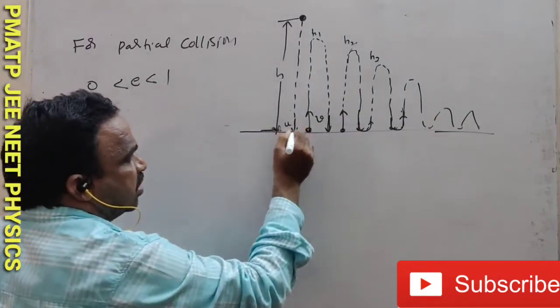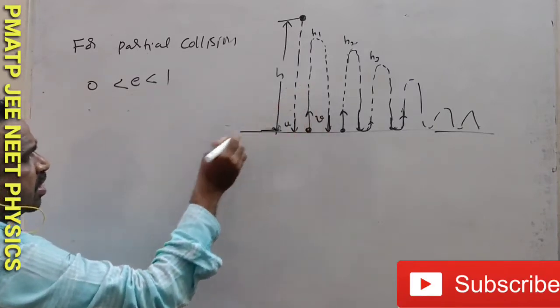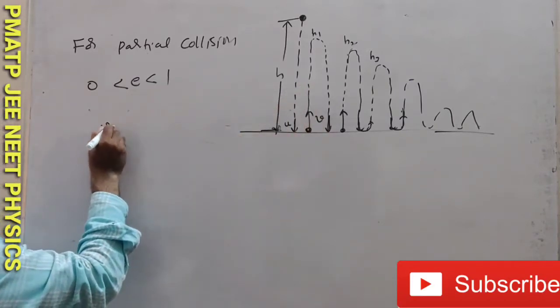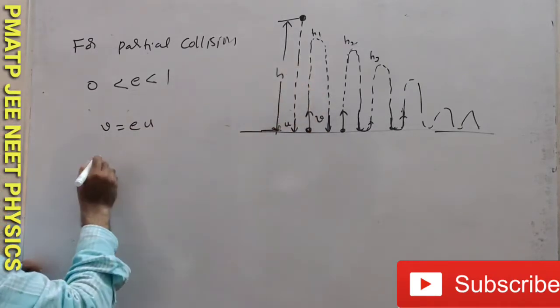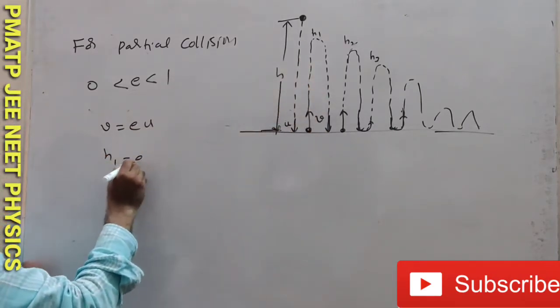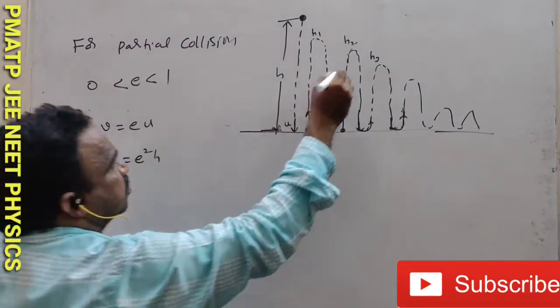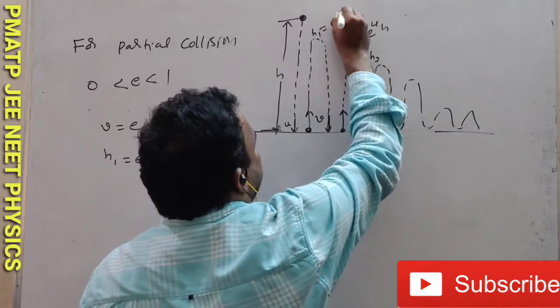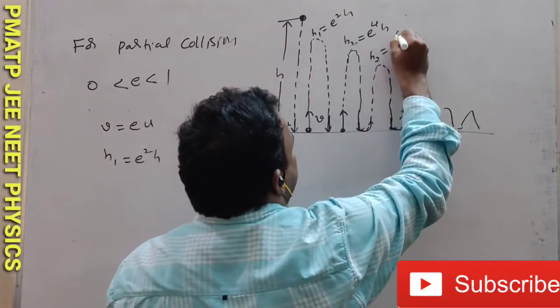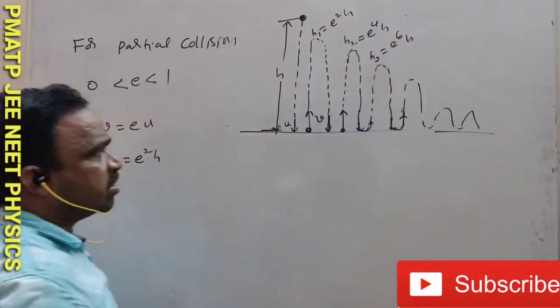So, initial velocity u, after first collision velocity v is equal to eu. Also, h1 is equal to e square h, h2 is equal to e power 4 h, h3 is equal to e power 6 h, and so on, like this.